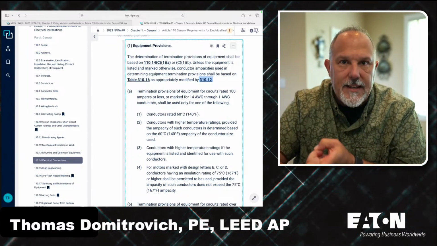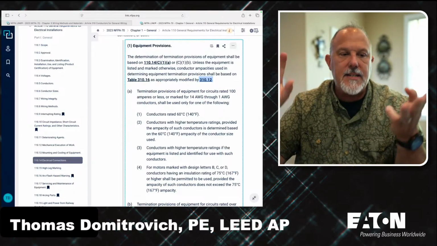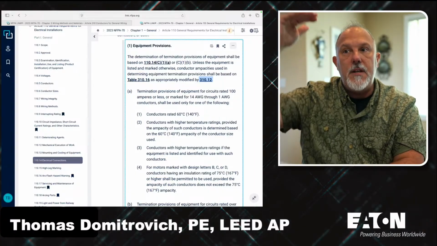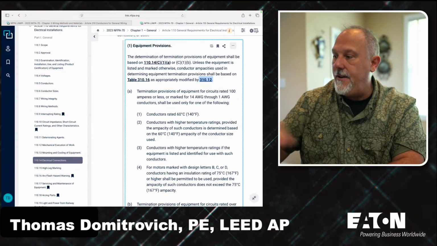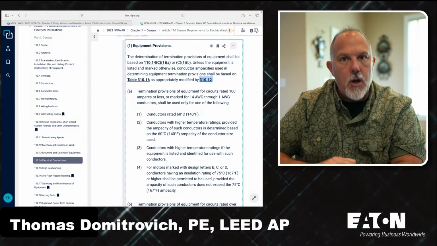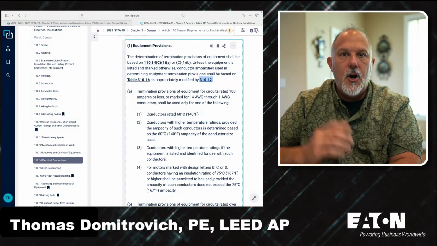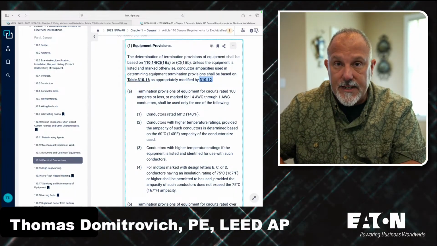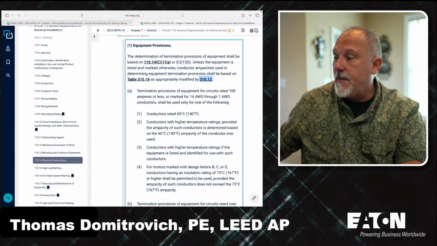If it's a single phase, if it's got the right voltage ratings, if it's serving the entire load, if you meet those conditions, then you can put that smaller size conductor on the overcurrent device, which would not be permitted in 110.14(C)(1). So that's the tie-in.